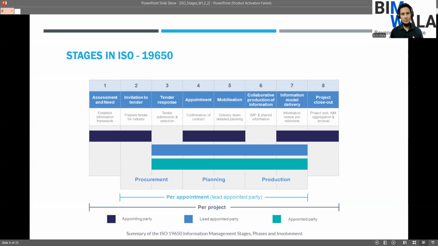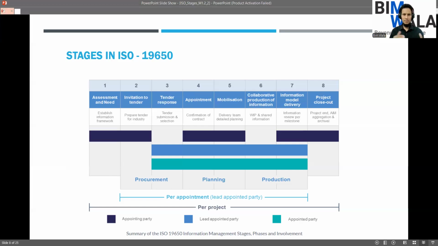In other words, employer's information requirement or exchange information requirement, organizational information requirement, plus project information requirement. These sorts of information requirements would be established in this stage, that is the assessment and need.